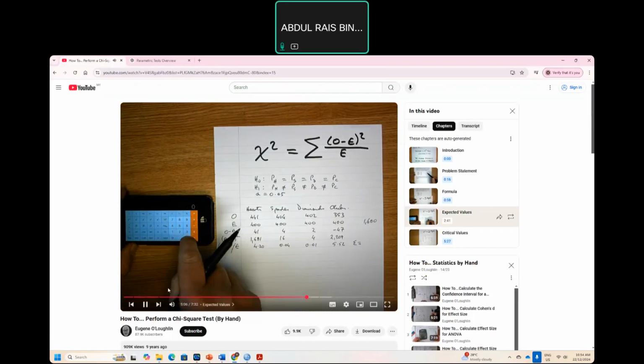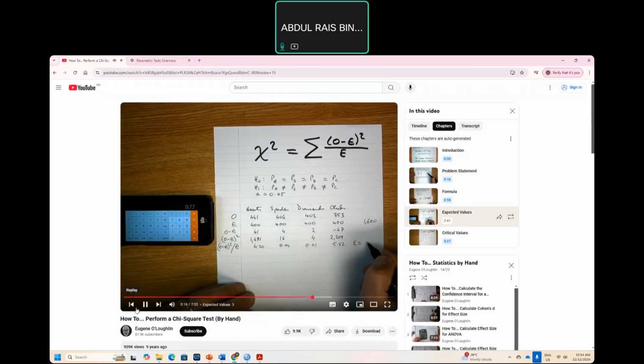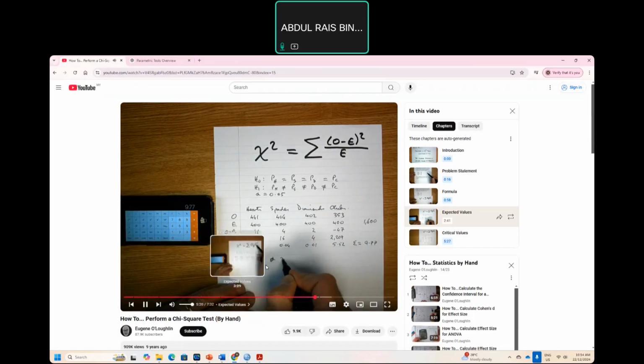Okay, to get the whole chi-square value, we take this value yang kat bawah ni and sum it up. 4.2, 0.04, 0.01 and 5.52 is equal to 9.77. So my calculation here, my chi-squared value is equal to 9.77.